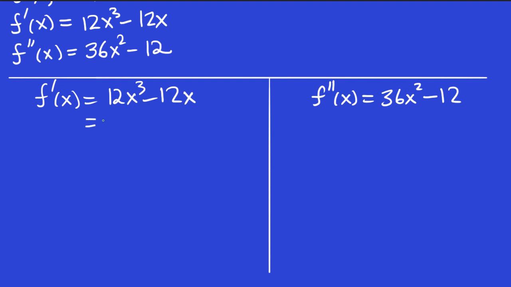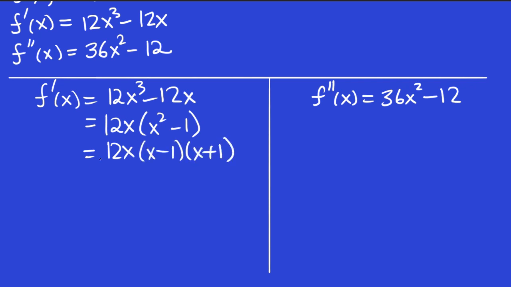Let's factor this. If I pull out 12x, I get x squared minus 1, right? And x squared minus 1, you can write as x minus 1 times x plus 1. And let's solve for the critical numbers now. The critical numbers are where the derivative is undefined or 0. This derivative here is always defined. So the only critical numbers here are where the derivative is 0.